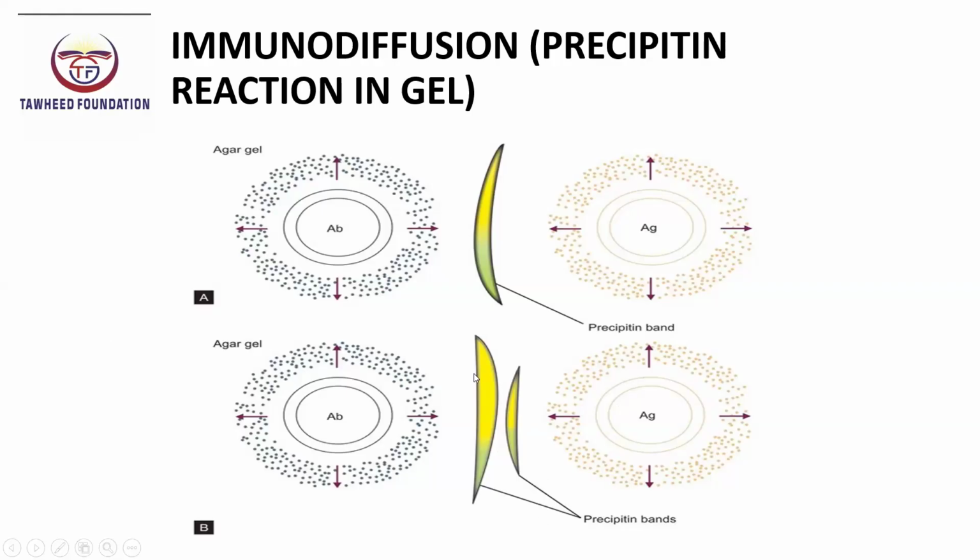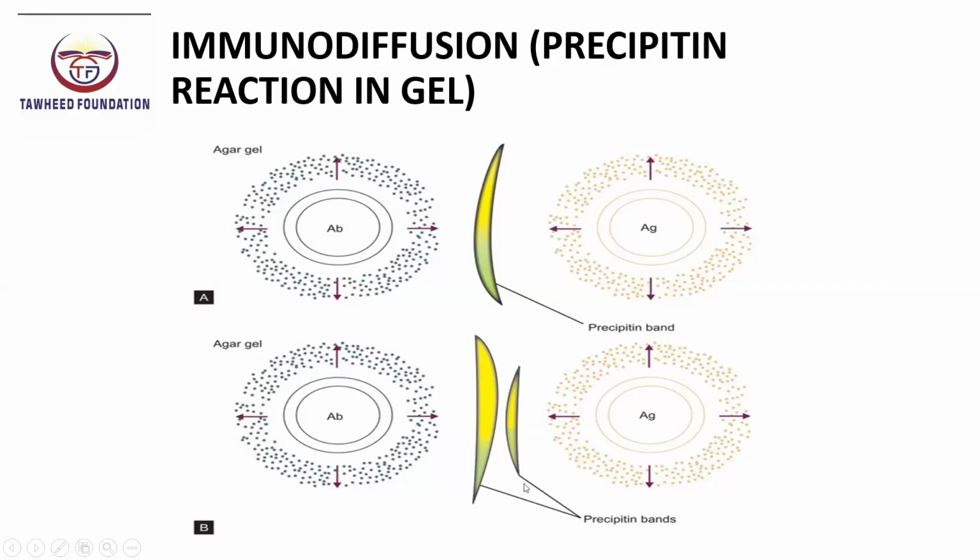Importance of this precipitin band. The position of the precipitin line depends on the relative concentration of both antigen and antibody. If the antigen concentration is higher, the line forms closer to the antibody well. If the antibody concentration is higher, the line forms closer to the antigen well. So by observing the position and number of lines, we can analyze the specificity and relationship between different antigens and antibodies.